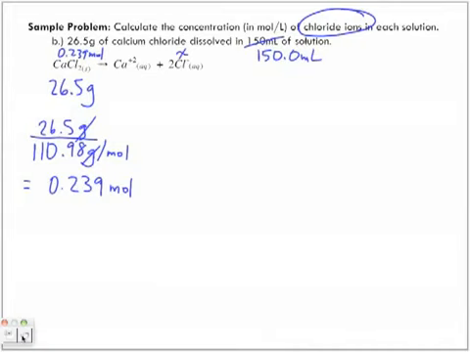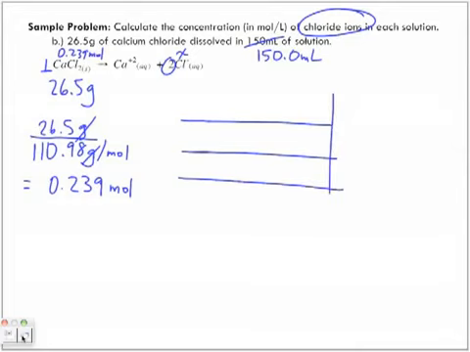So this is what we're trying to find. With the example before, it was a 1-to-1 ratio. But now it's a 1-to-2 ratio. We look at the coefficients. The coefficient here, there's no number, so it's 1. It's a 1-to-2 ratio. So we're revisiting our stoichiometry.